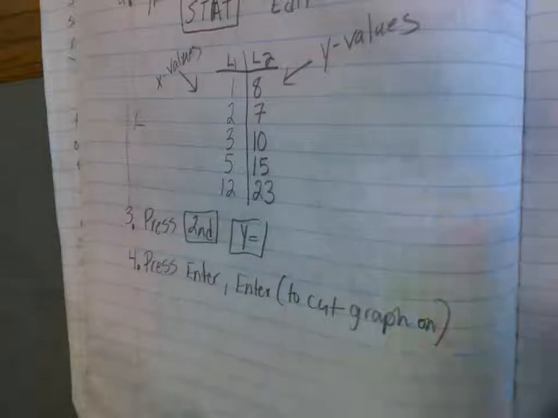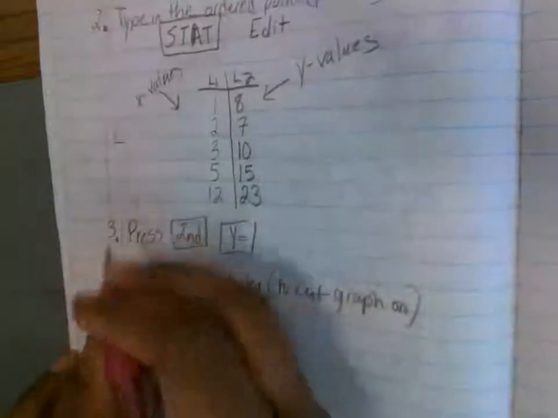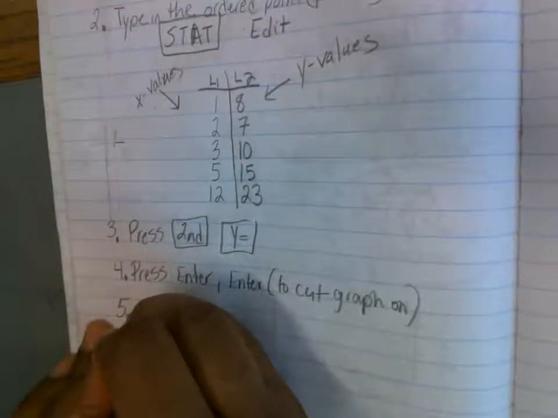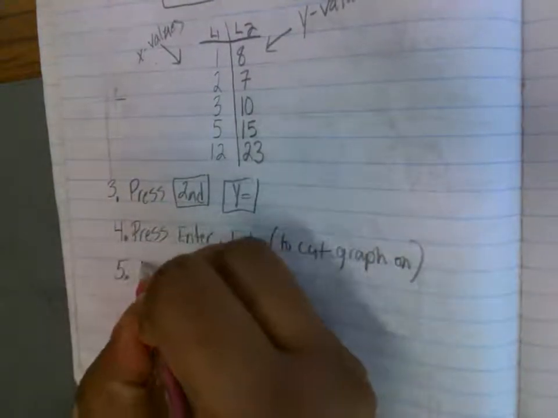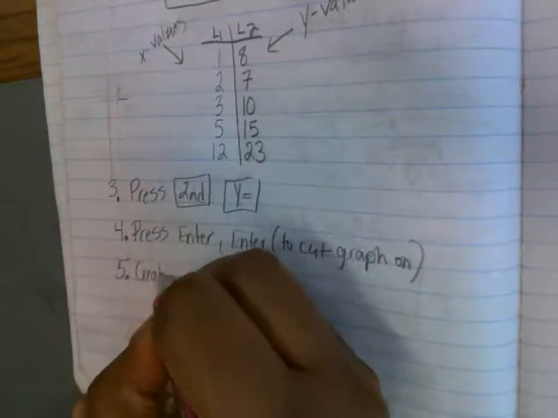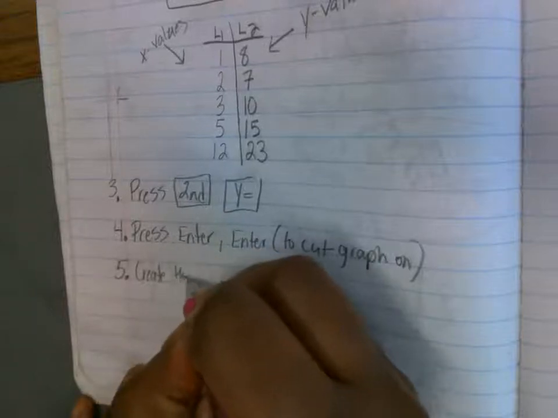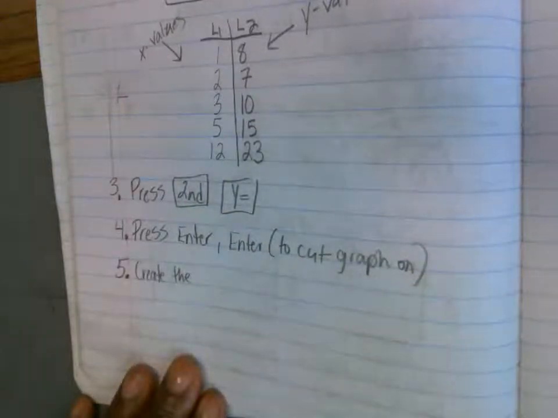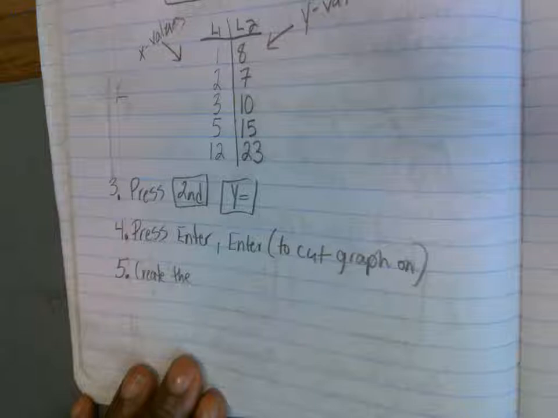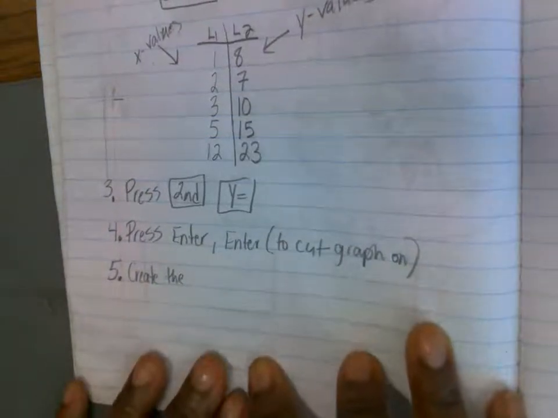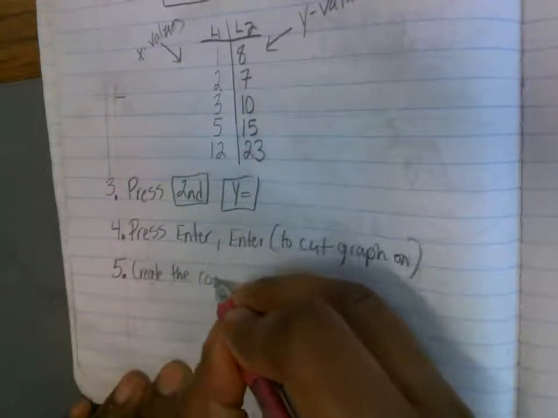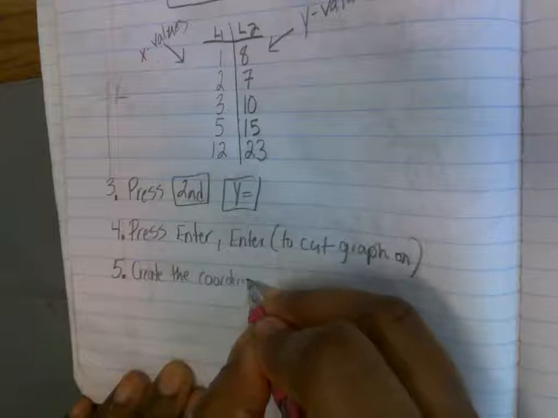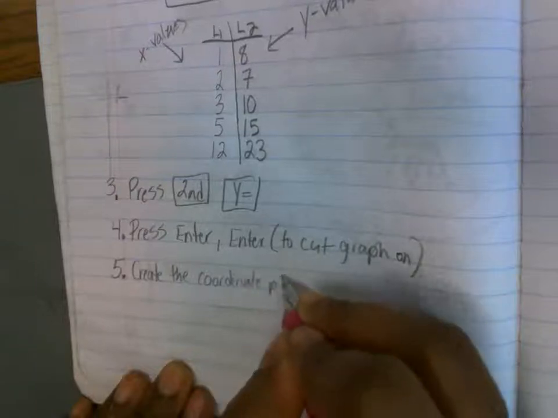My fifth step is probably the longer step, but let's write this down. In the fifth step, you're going to create the coordinate plane. You have to create the coordinate plane in the calculator. So you're going to put create the coordinate plane.